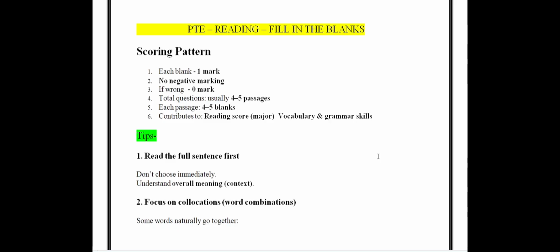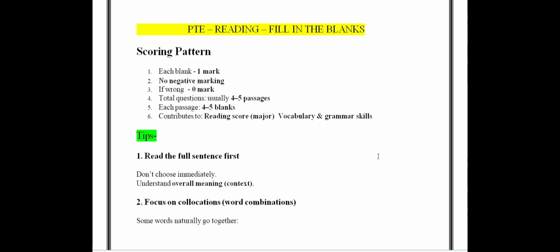The total number of questions which you usually encounter in this particular question type is 4 or 5. So please be ready. Next, each passage will have 4 to 5 blanks again. When you calculate it with 1 mark each, each question gives you 4 or 5 marks. So that's again a good score.